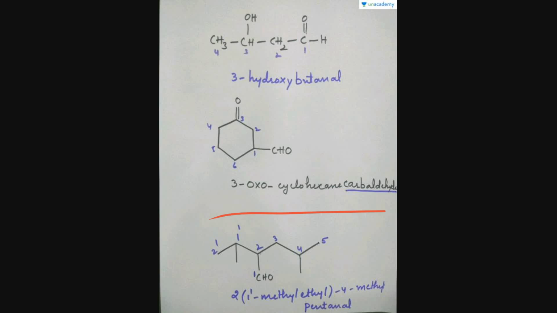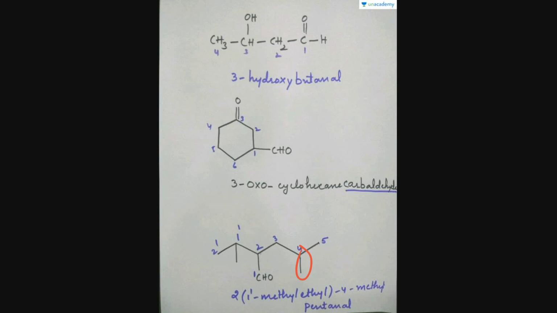So identify the parent chain. This is the parent chain. Our aldehyde group should get the lower value, so this is 1, and our parent chain starts this way. Here we have a substituted substituent. So how do we name this? We have 5 carbons, so it is pentanal, and we have a methyl group here.